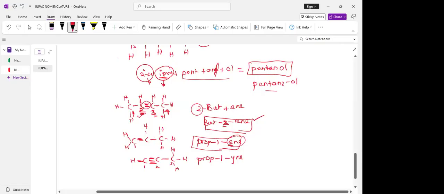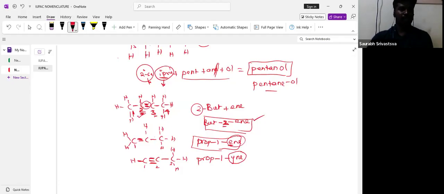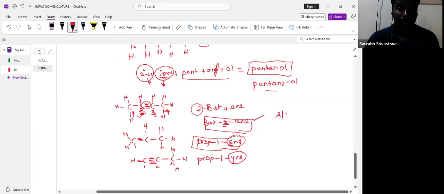Okay. Now generally, if it is methane, ethane, propane, butane, everything we generally call alk. With the alk we are going to add 3 parts. One is ANE. ANE means alkane. ENE, alkene.